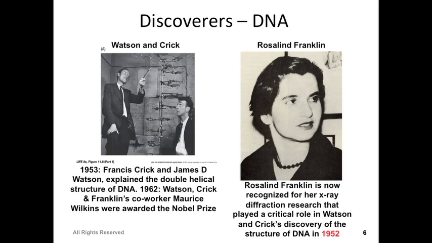And then the other two people, Francis Crick and James Watson, explained that helix structure in 1953, and they were actually able to get a Nobel Prize for their work. Some people have different opinions. They think maybe Rosalind's work was more pioneering, and she should have gotten the Nobel Prize.